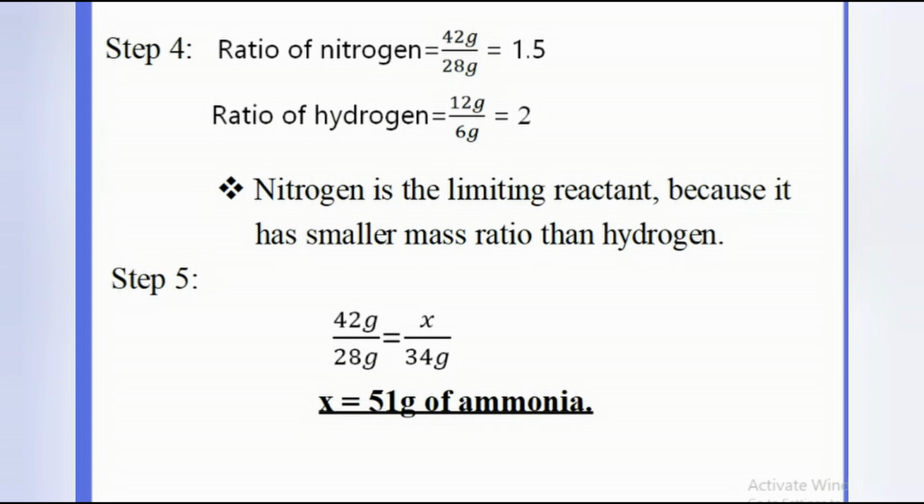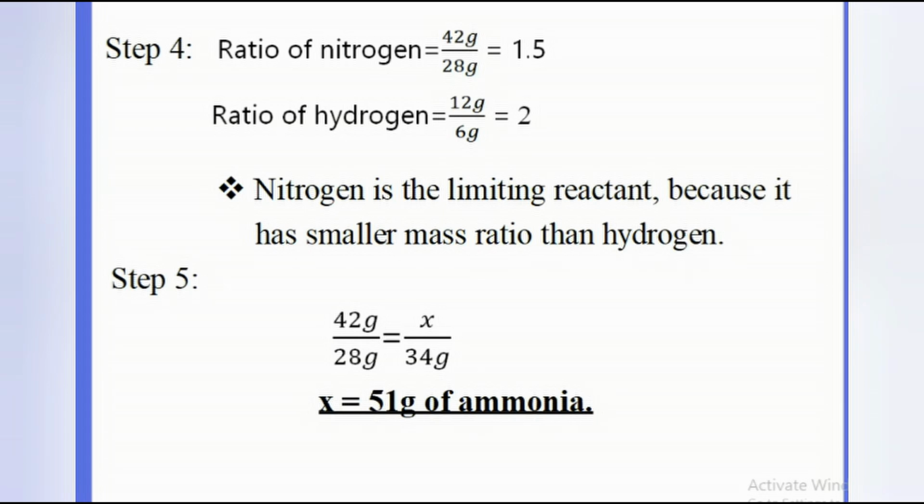And the ratio of hydrogen is 12 grams over 6 grams, which is equal to 2. Then nitrogen is the limiting reactant and hydrogen is the excess reactant, because the ratio of nitrogen is less than the ratio of hydrogen.